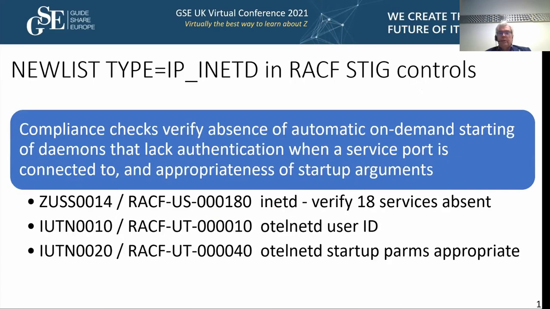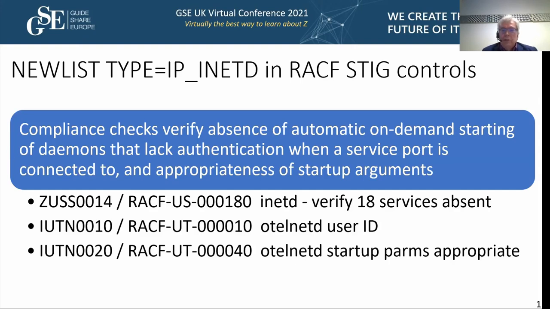INETD is also very interesting. If you were just to look at your current IP settings and see which daemons are listening to which port, then you would miss the fact that some of these services might be started when somebody wants to connect to them. That's what INETD does.